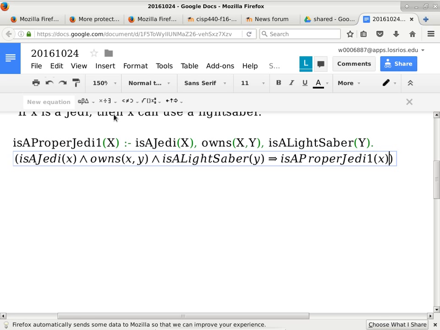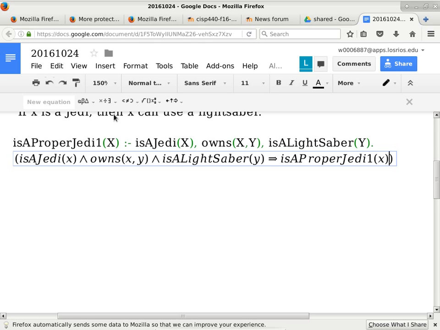When you look at the implication itself, remember we read it backwards. The body is the first part of the implication, and the head is the second part. So X is a Jedi, and X owns Y, and Y is a lightsaber, implies that X is a proper Jedi. But this is all without quantifiers.